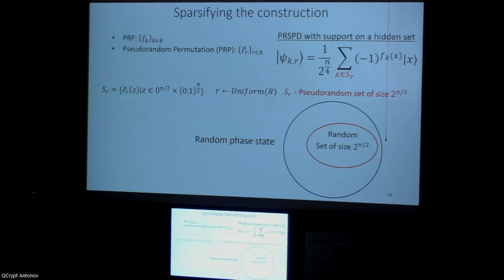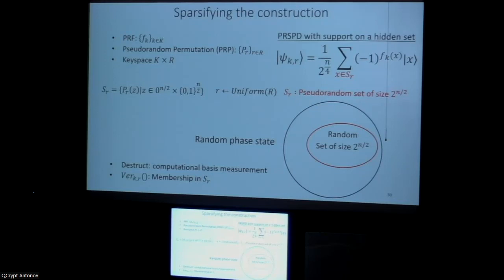And therefore, that's how we achieve this pseudo-random set of size 2^(n/2). And hence, now the key space is basically the set of all keys, which is a tuple of a PRF key and a PRP key. The destruction algorithm is very simply just to measure in the computational basis. And the verification would be just to check membership in this set S_r that we saw earlier. So is the construction clear?